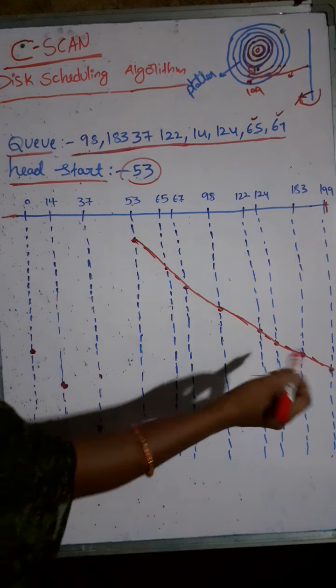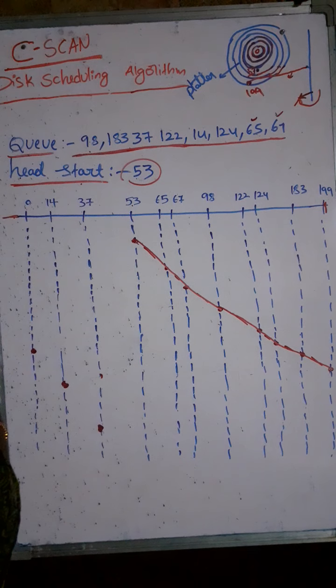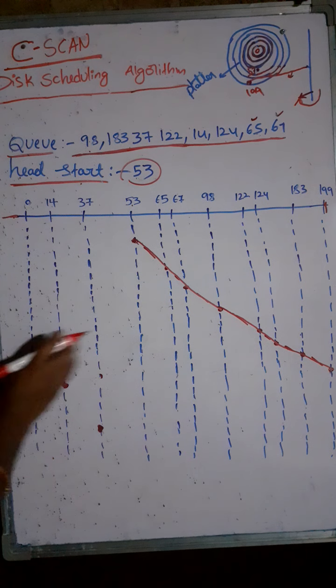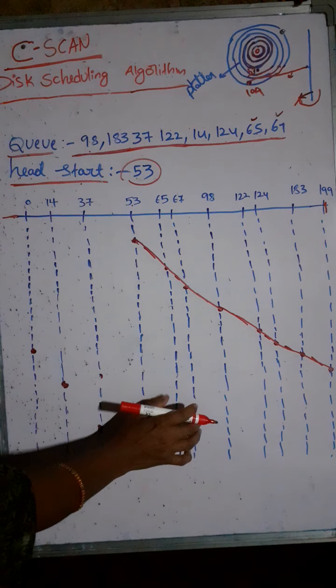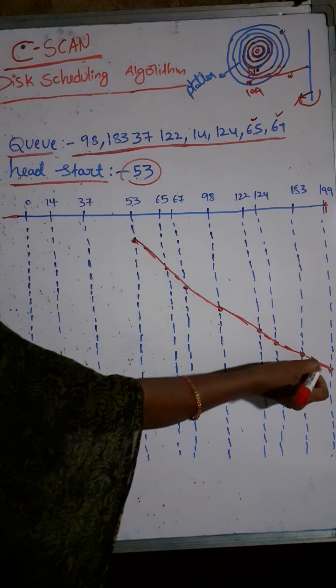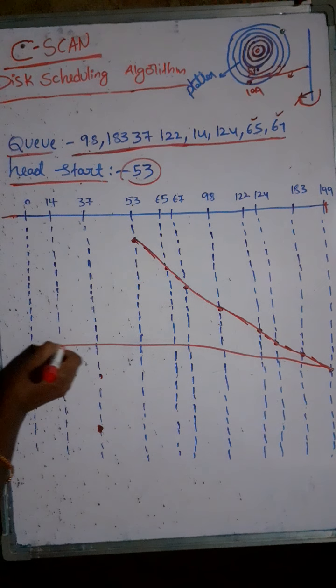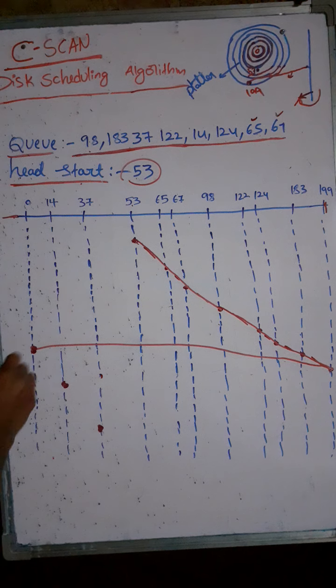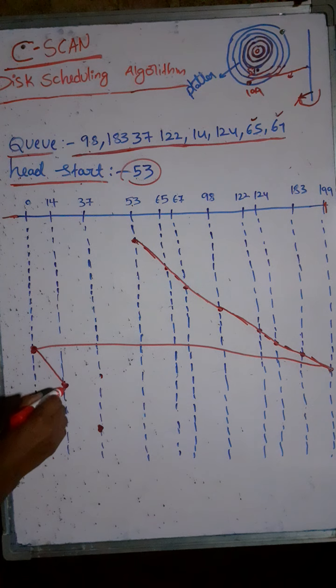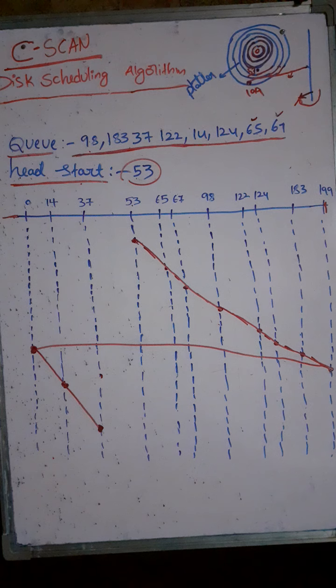But here in the C-SCAN algorithm, while moving towards 0, it will not serve any request. Without serving any request, it returns to track number 0. That means in the return trip, it will not serve any request. Then after reaching 0, again it will go to 14, then to 37. That is the only difference between SCAN and C-SCAN.